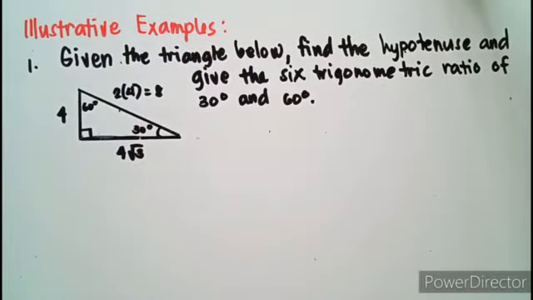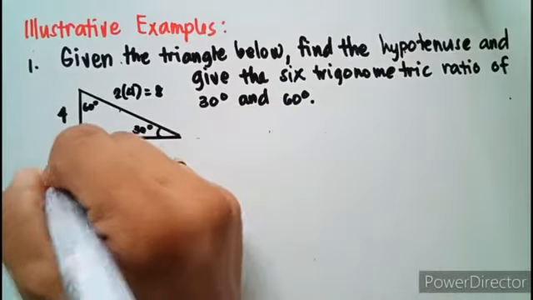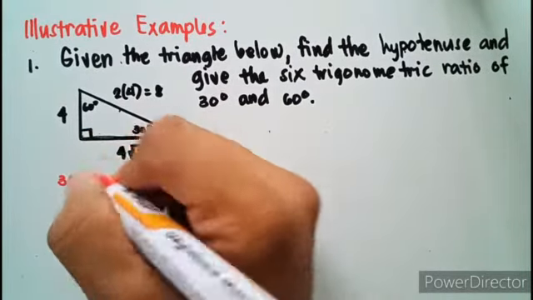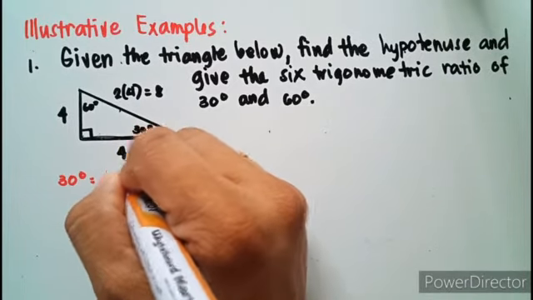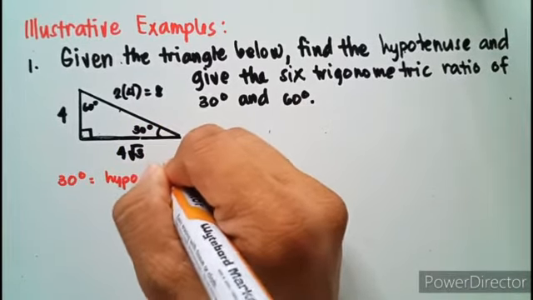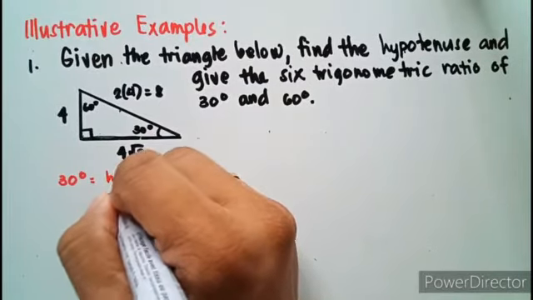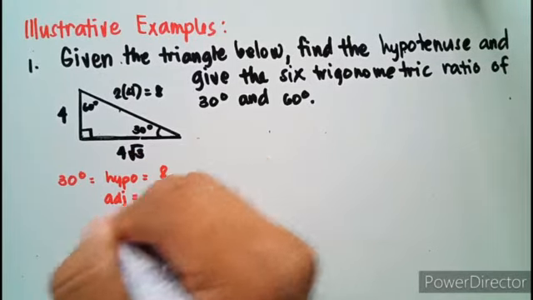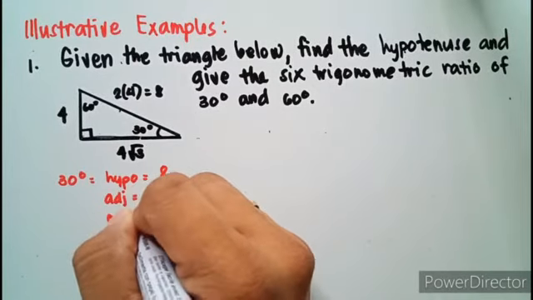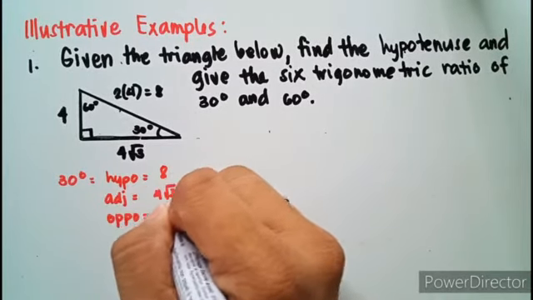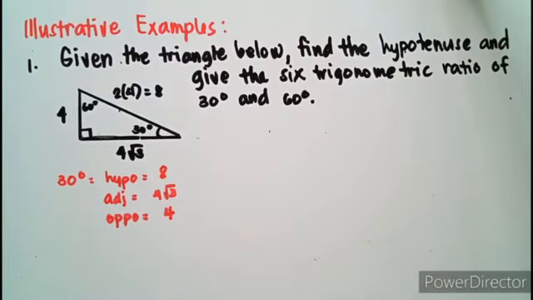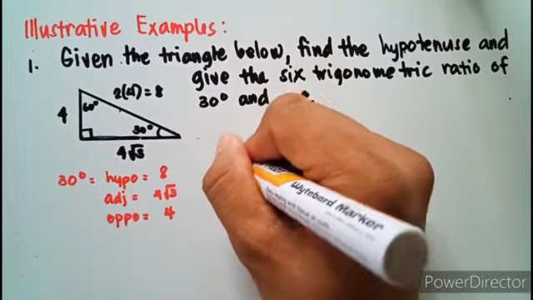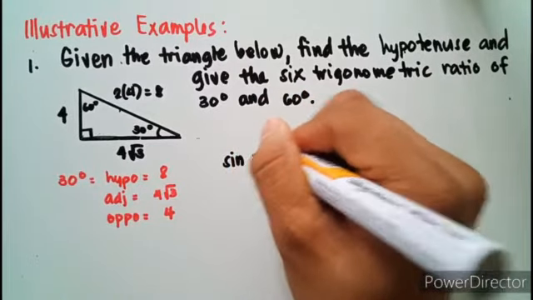So, let us find the six trigonometric ratios for 30 degrees. For 30 degrees, our hypotenuse is equal to 8, our adjacent is equal to 4 square root of 3, and our opposite is equal to 4. So, these are our choices. Then, let's find sine 30 degrees.